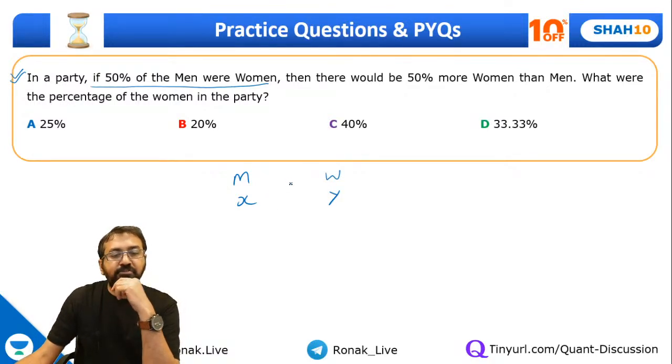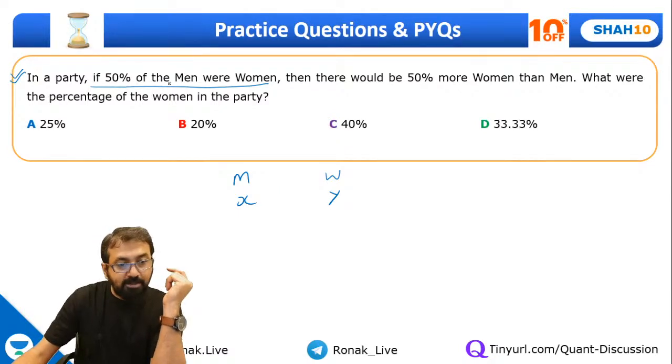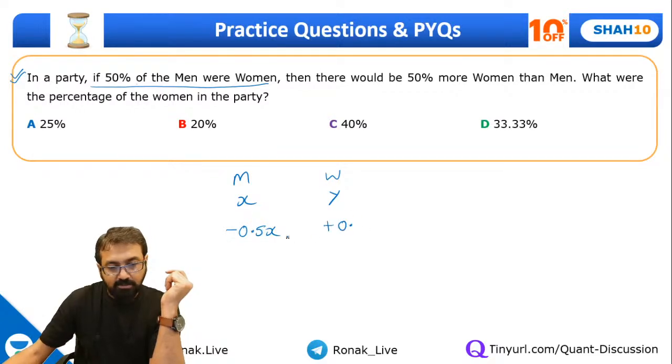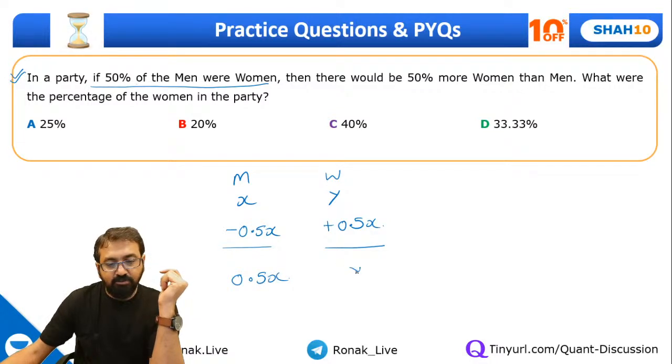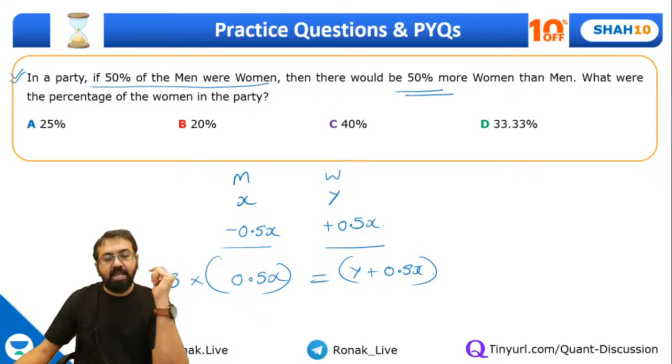So had there been 50% of men were women, this 50% would reduce, and this 50% would be added, so y would have 0.5x added. So there would have been 0.5x men and y plus 0.5x women, and then there would have been 50% more women. So this number of women is 50% more than this. Can I say 50% more than this means 1.5? So 1.5 times men. This is what we can say.